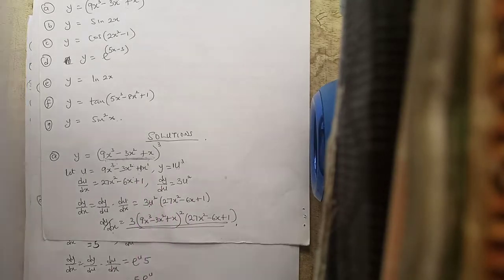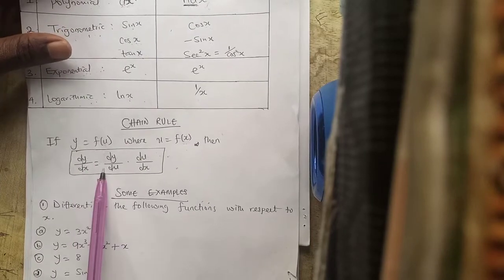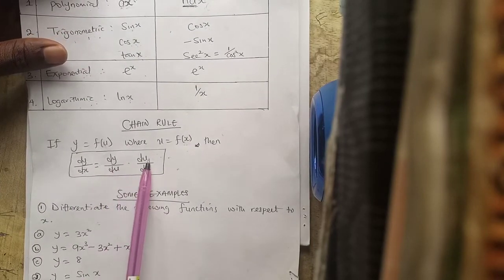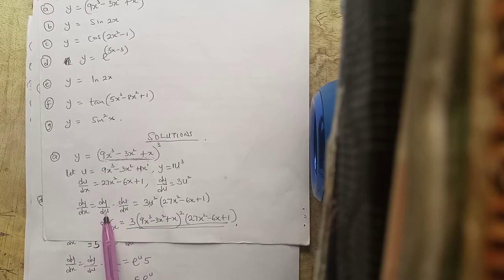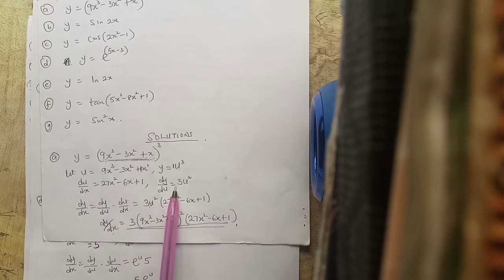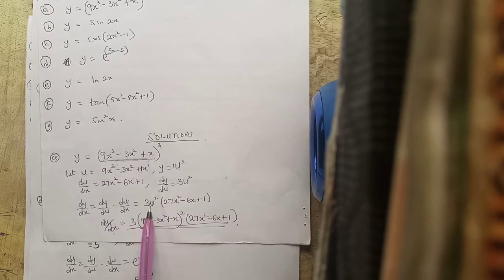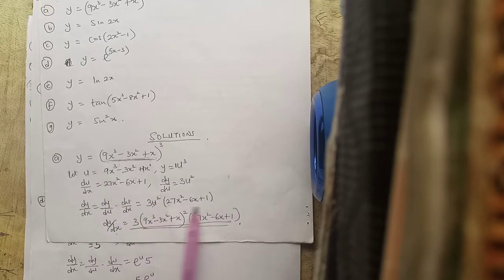The formula says that dy/dx equals dy/du times du/dx. What is dy/du? Our dy/du is 3u squared, multiplied by du/dx, which is this over here. And finally, our dy/dx is equal to 3.